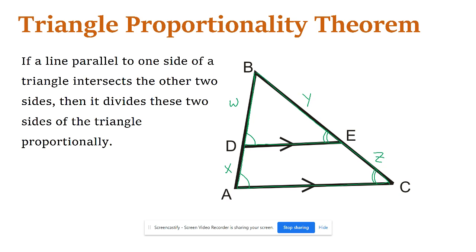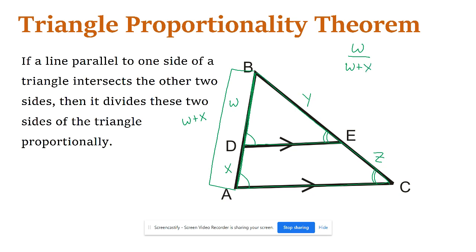Now, if I want to set up a proportion using similar triangles, what I can do is take a side of the little triangle, so that'd be W, over the corresponding side of the big triangle. Now, the big triangle side is not W, it's not X, it's W and X together. It's W plus X. So W goes on top, W plus X goes on bottom.